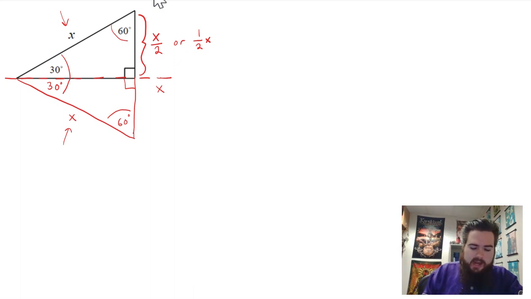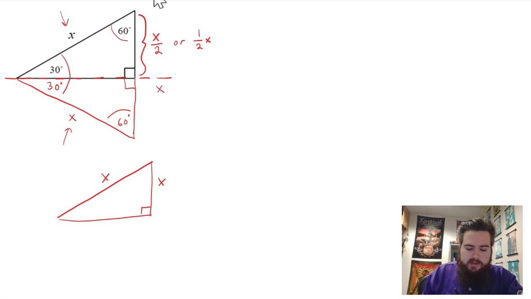Therefore then, I have this same right triangle with hypotenuse side of x, vertical side length of 1/2 x, and I should now be able to use the Pythagorean theorem to solve for the third side. I'll call this third side a for the time being.